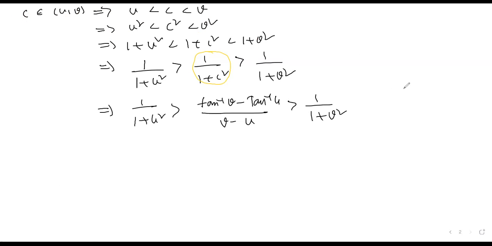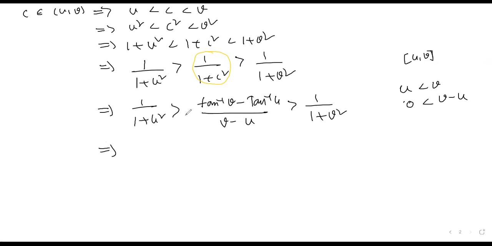But already you know u is less than v, because this is the interval u comma v. Then u goes to that side, 0 less than v minus u. That means this is a positive value. If you multiply every term by a positive value, the symbol will not change.